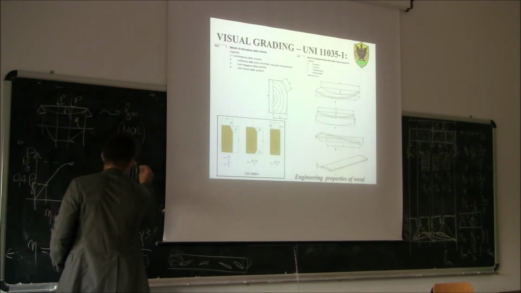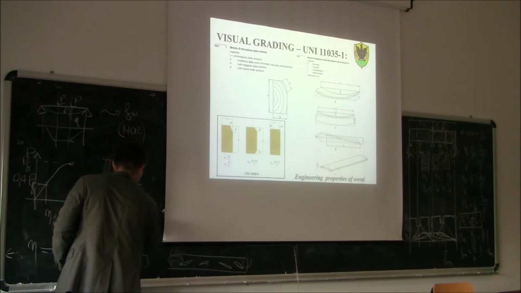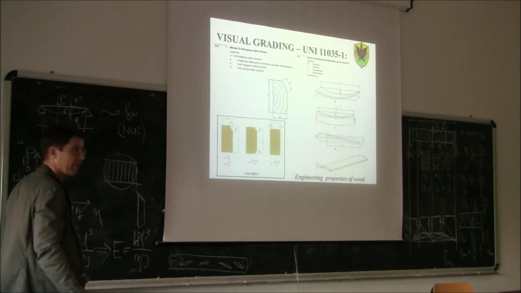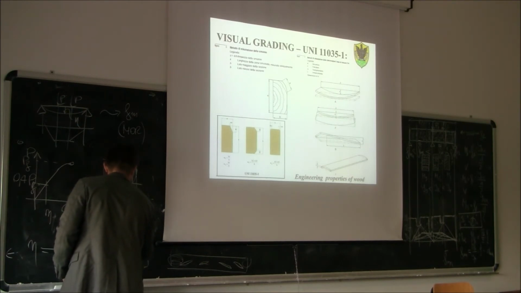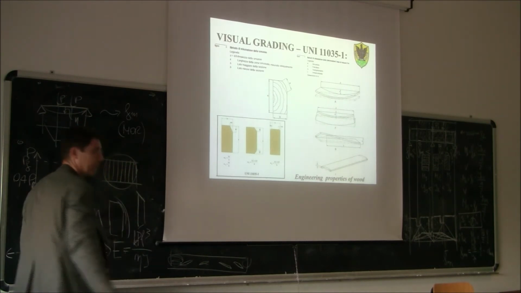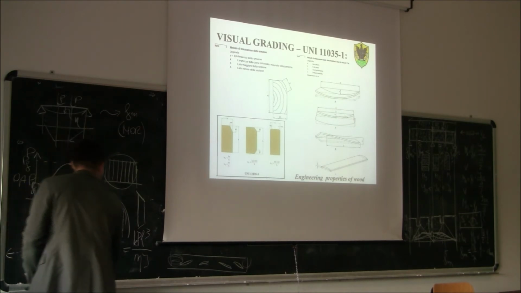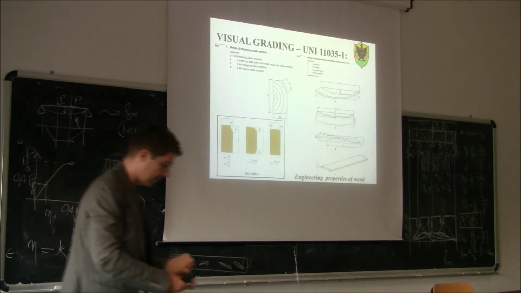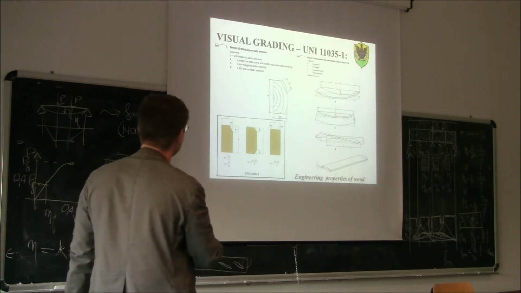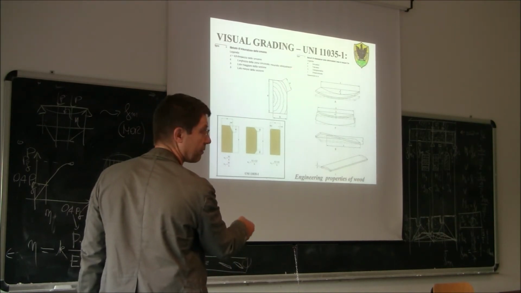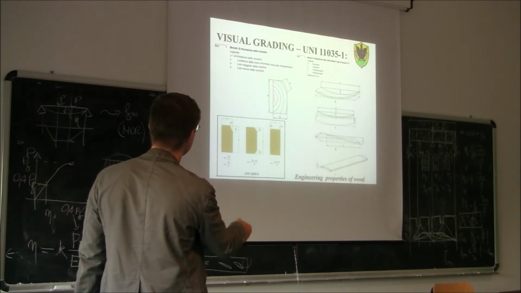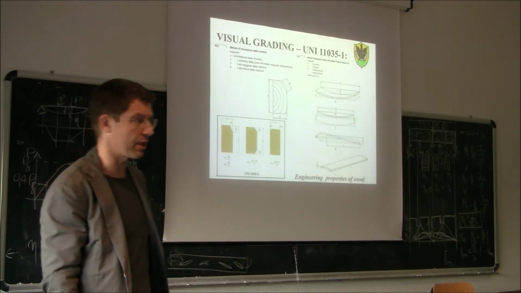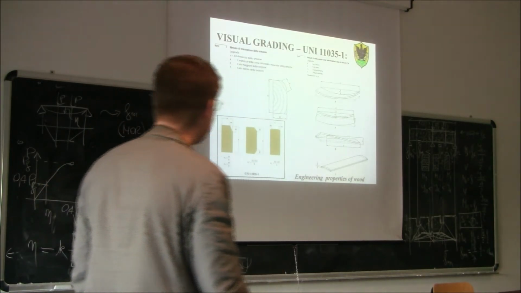But here, for example, you may have a board which is cut this way, or a board which is cut this way, because here you have the bark. Now, is it allowed to have a defect like this? It is allowed, but with some limitations. See here, you need to measure the length of this inclined side, and then you need to calculate the ratio between this length and the larger dimension of the cross section. You get a certain ratio.